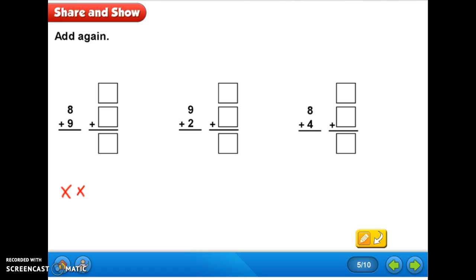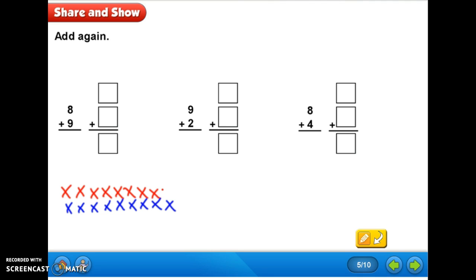1, 2, 3, 4, 5, 6, 7, 8. And then I have 9 more. 1, 2, 3, 4, 5, 6, 7, 8, 9.